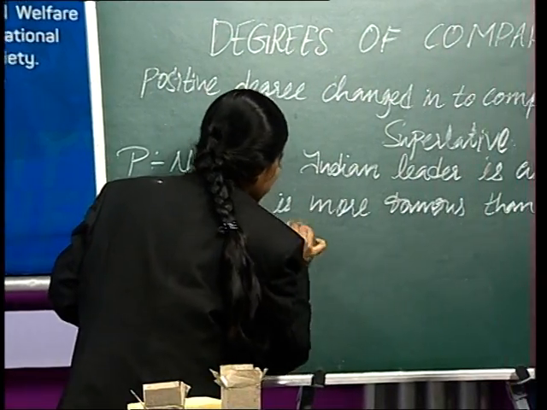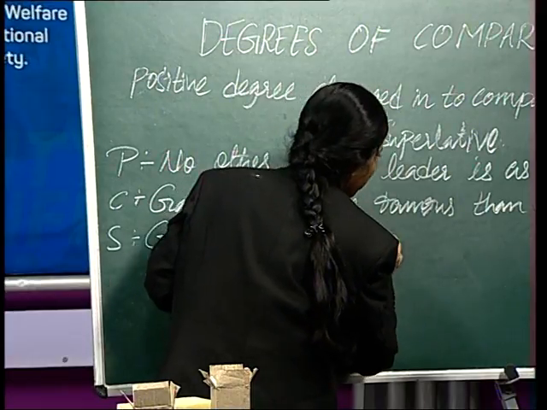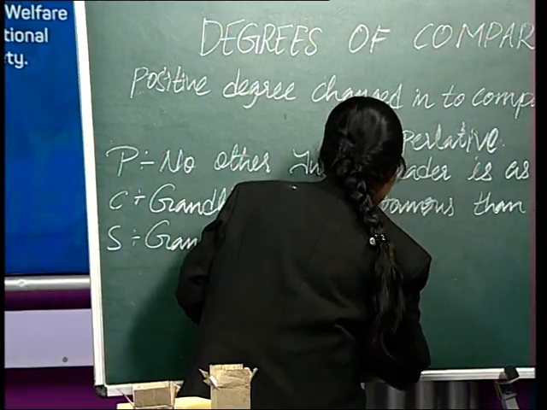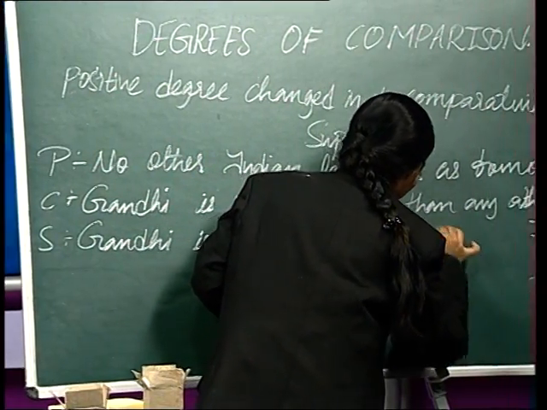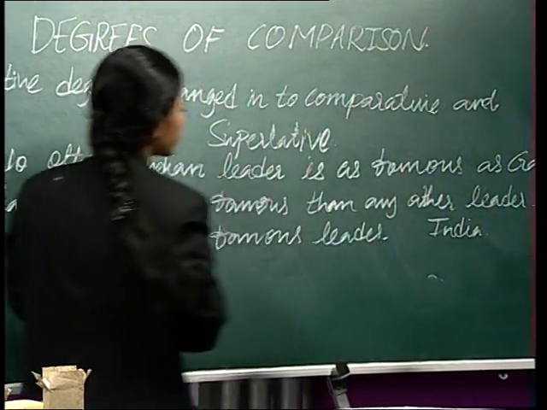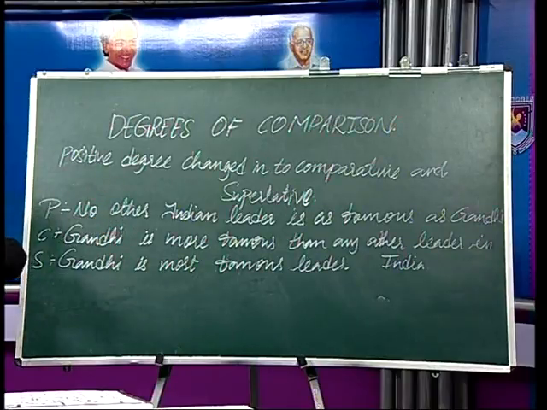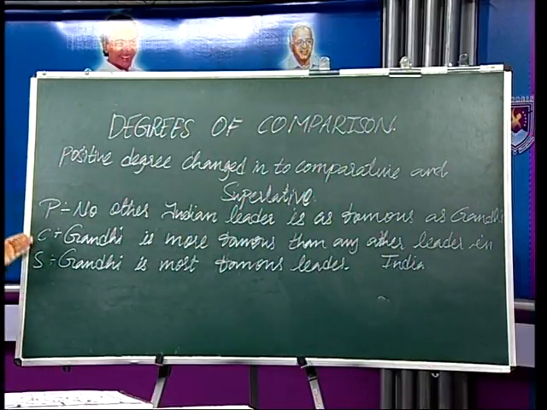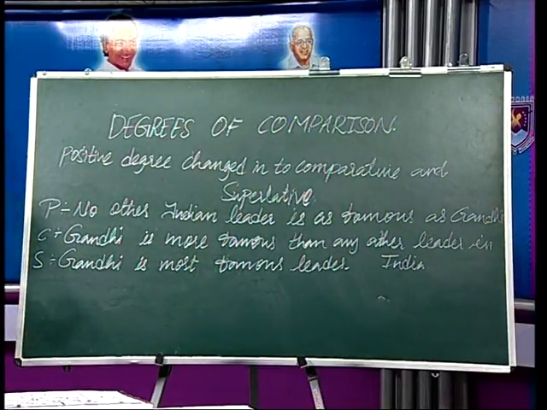Gandhi is the most famous leader. So, friends, observe what happens here. Famous has two syllables, and in the comparative, more is added to the positive form of the adjective, and in the superlative, most is added to the positive form of the adjective.